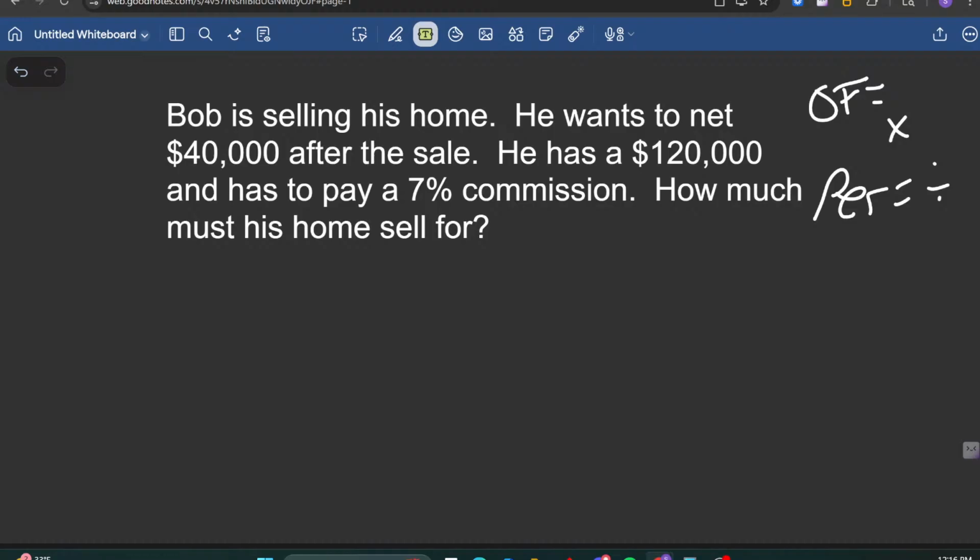I think a lot of students do the working backwards. They take each of the answers, A, B, C, and D, and say, okay, we're going to take out a 7% commission, he has to pay 120,000, and if he's left with 140,000 after that, that is a correct answer. So yes, that is one way you could do it.